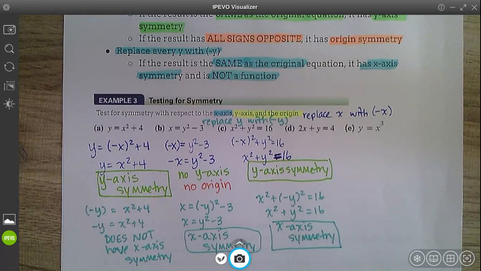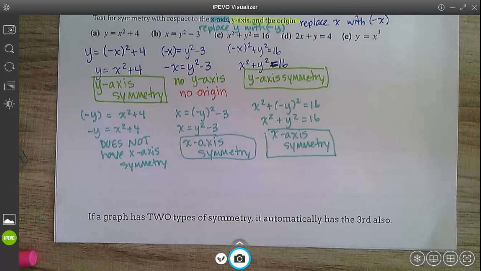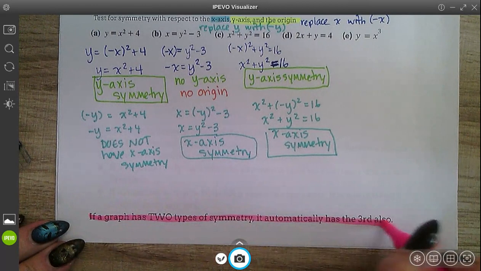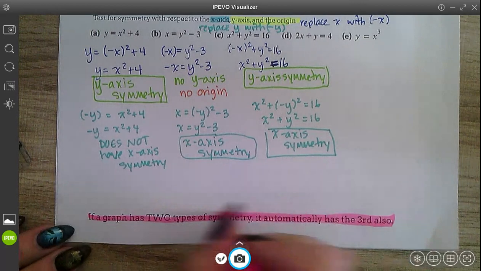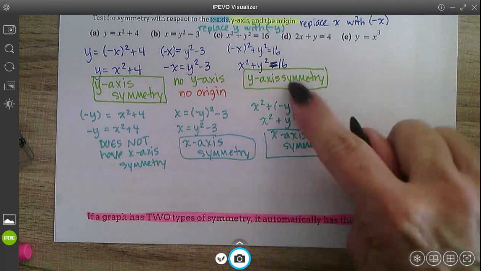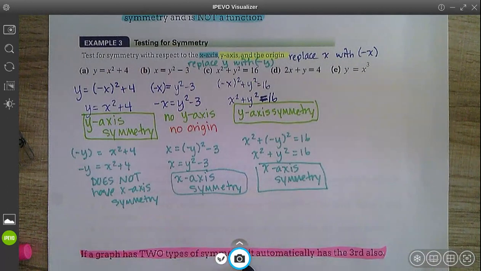Now I have a little note down at the bottom of the page that says if a graph has two types of symmetry, it automatically has the third also. The equation that we just tested has y-axis and x-axis symmetry, which means it automatically has origin symmetry.